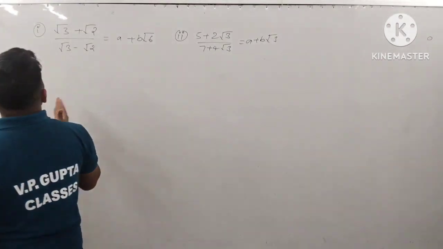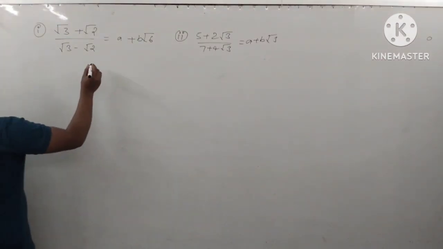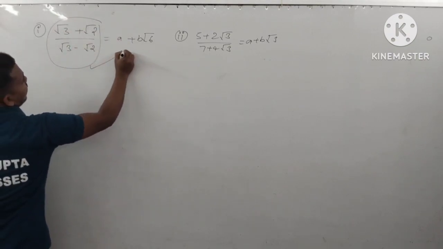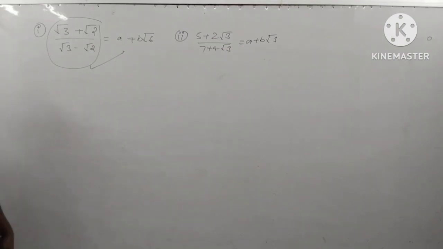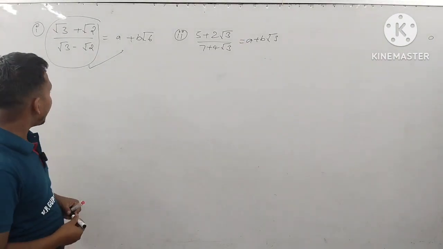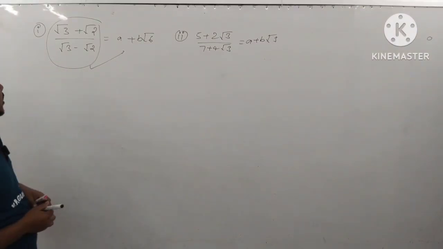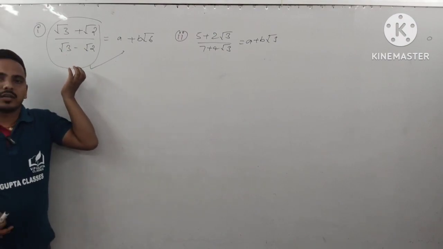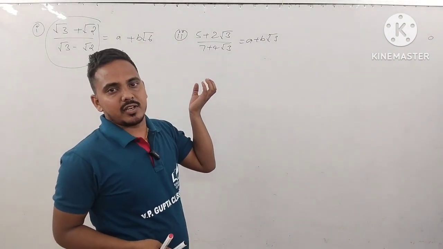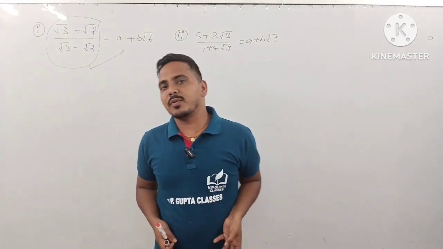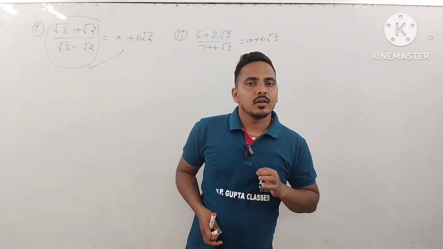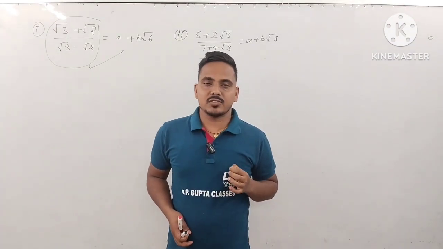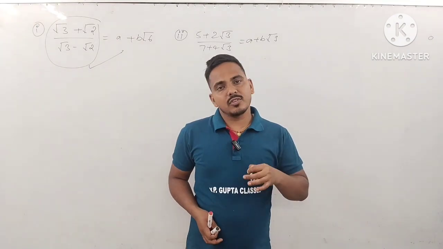First of all, you solve this and convert it into this form. You take the LHS and solve it, and it is very easily solved with the help of rationalization of denominators, which I had already discussed in previous lectures.